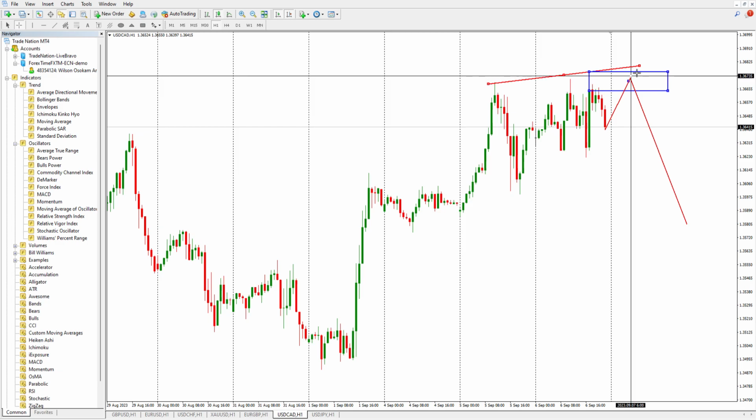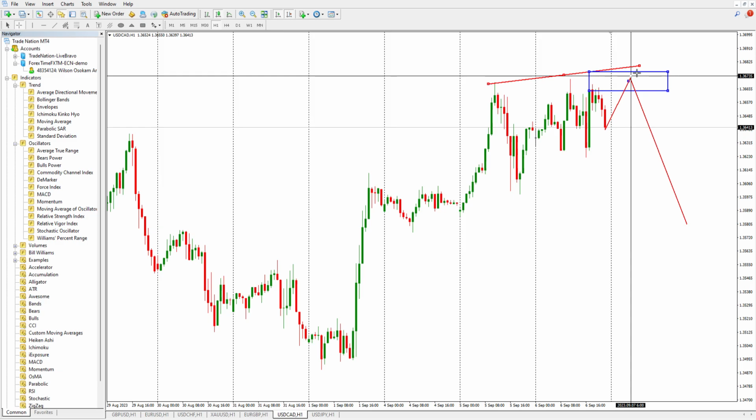Like I always say, for every pending order, set your entry price, your stop loss, and your take profit. That is what you always do.